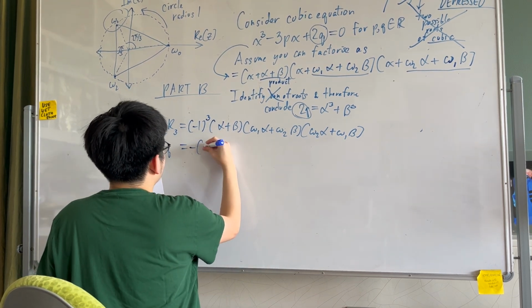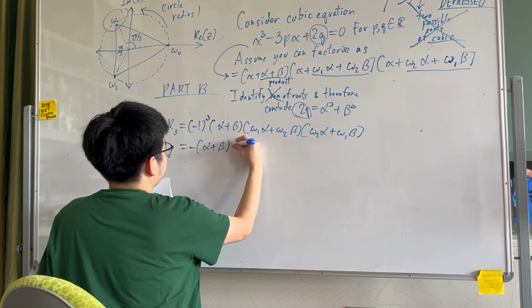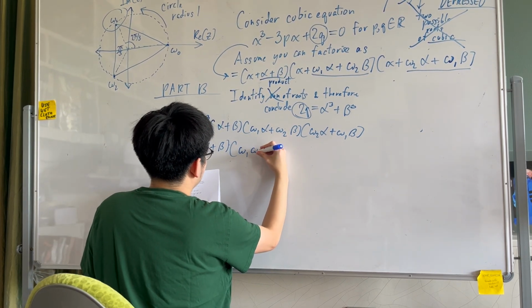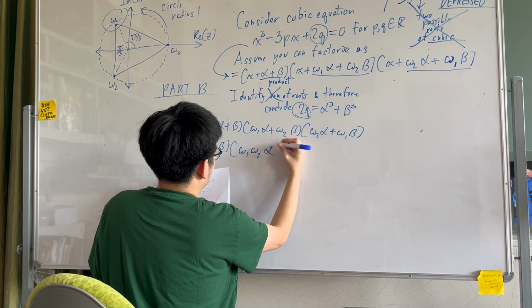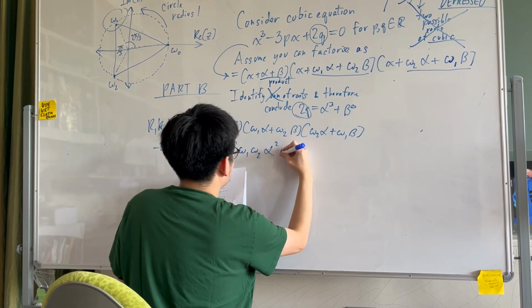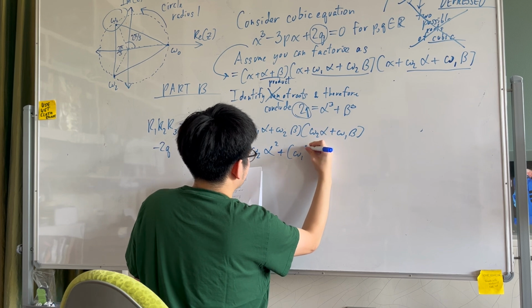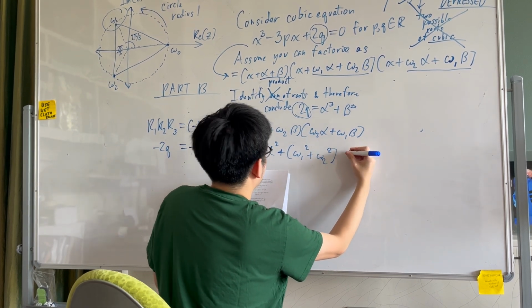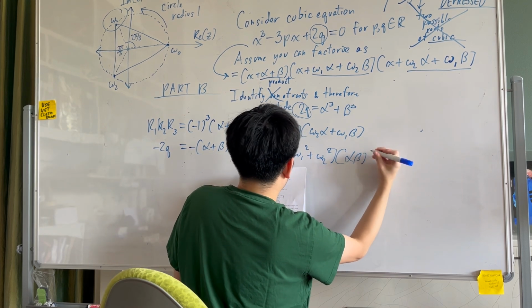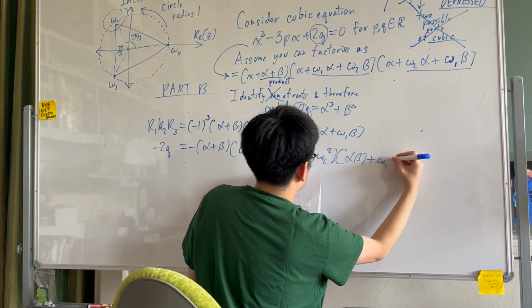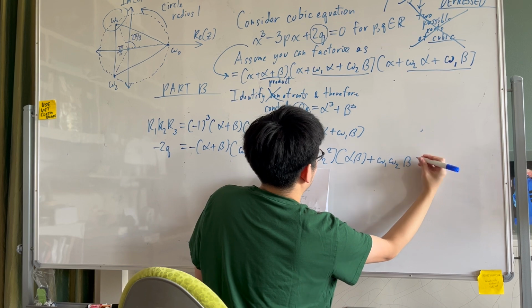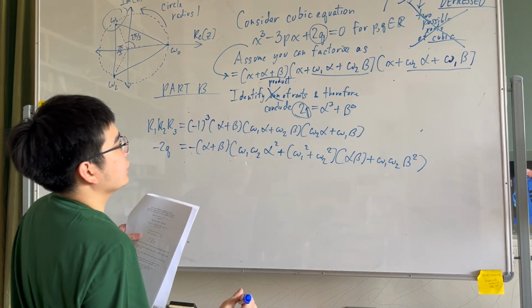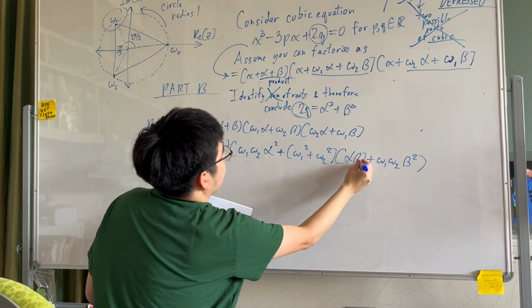So then this is negative alpha plus beta times omega 1, omega 2, alpha squared plus omega 1 squared plus omega 2 squared alpha beta plus omega 1, omega 2, beta squared. Yes, we're good.